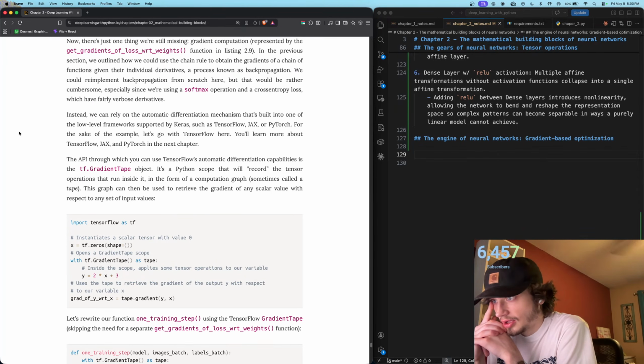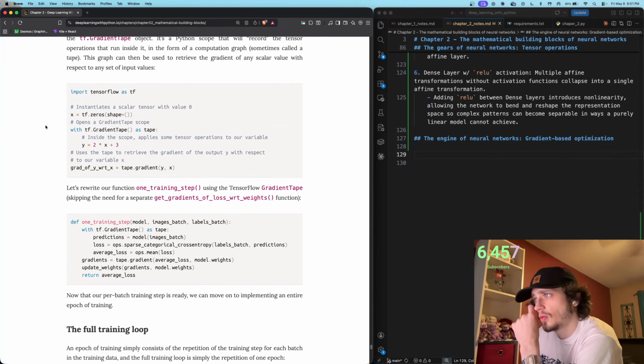So we're going to use a context manager here. Inside the scope, apply some tensor operations to our variable: y = 2 * x + 3. Use the tape to retrieve the gradient of the output y with respect to our variable x: tape.gradient(y, x), the gradient of y with respect to x.